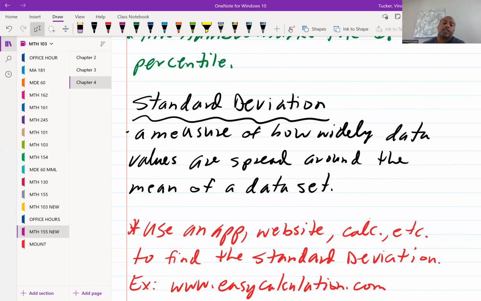For this class, I'm not going to hold you responsible for knowing how to use the formula, but you do need to have something that's reliable in order to help you calculate the standard deviation, whether it's an app, website, or calculator.